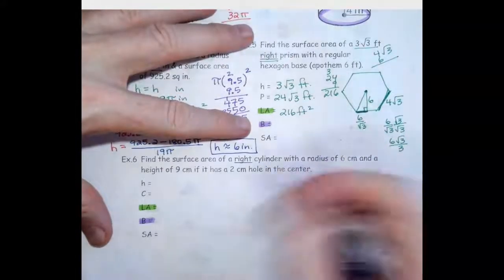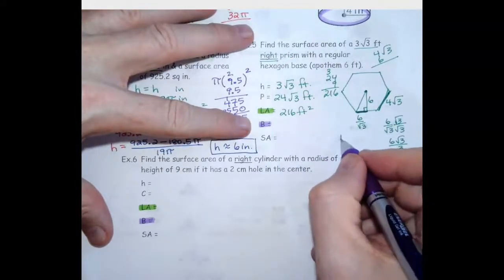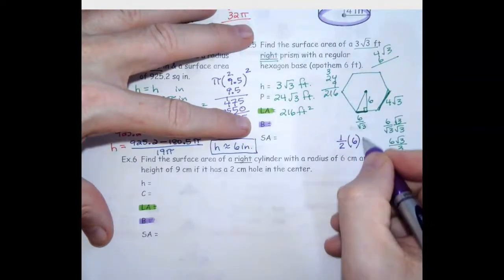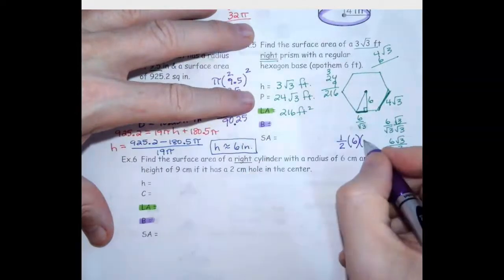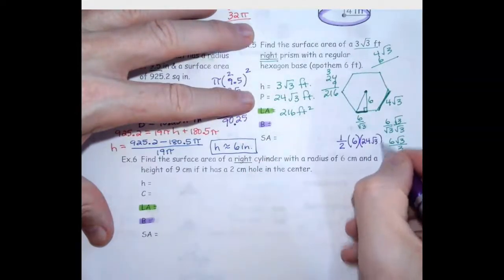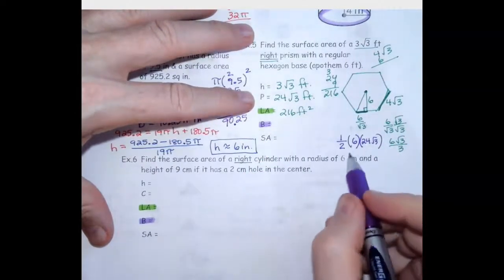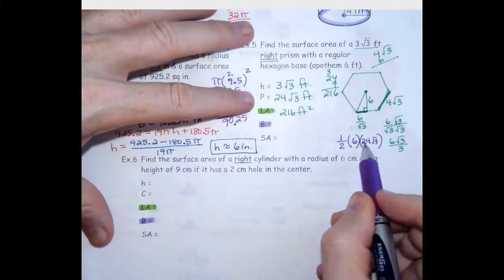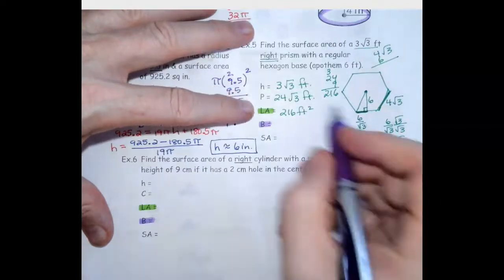Then the base. So the area of the base is a regular hexagon. So it's 1/2 AP. Well, we have P right here. So that's 24 root 3. So you can do this a couple different ways. Maybe half of 24 is 12. 6 times 12 is 60 plus 12 is 72 radical 3.